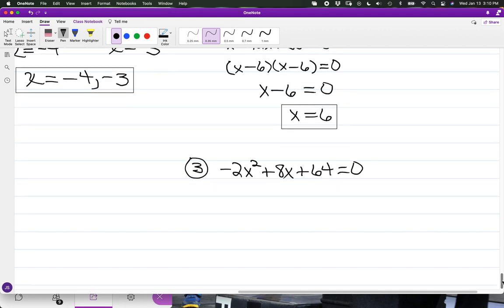One approach, say if I want to work with just x squared, I can factor out the negative 2. So negative 2 into negative 2x squared will be x squared. Negative 2 into 8x will be a minus 4x. And negative 2 into positive 64 is going to be a negative 32.